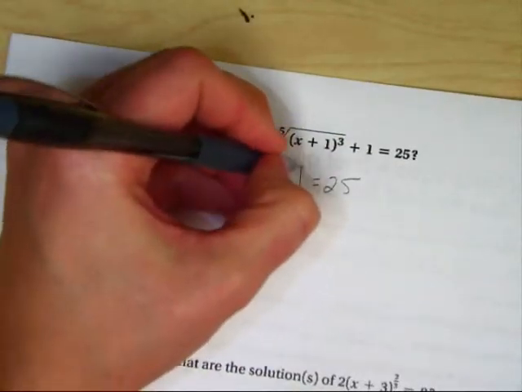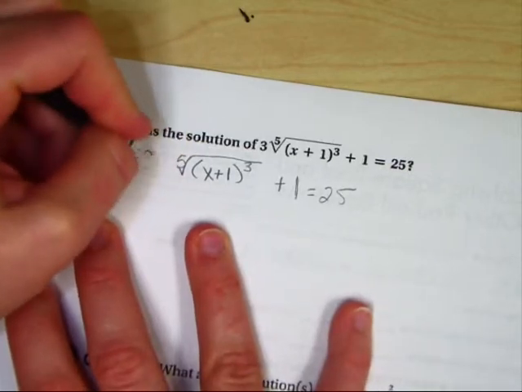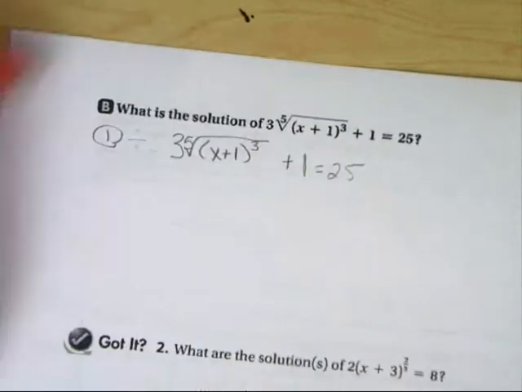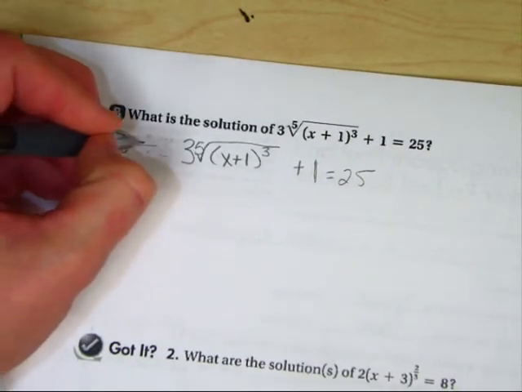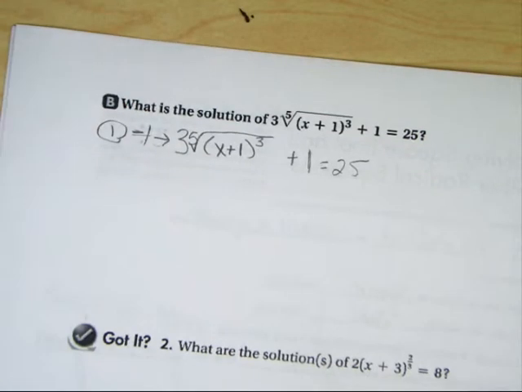Now step 1, instead of dividing by 3, I should have written, what should you get rid of first? Put that 3 back on there, okay? What should you get rid of first? You should minus 1. Minus 1 from this thing. You ready?